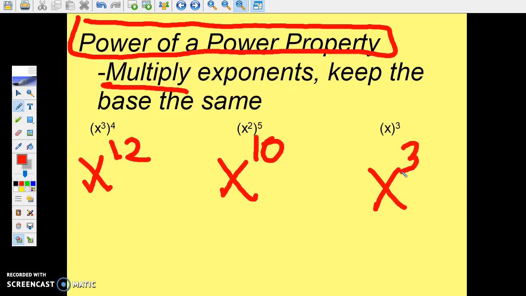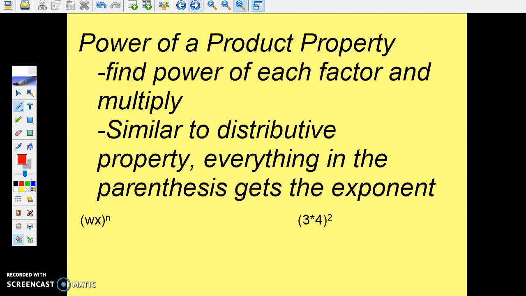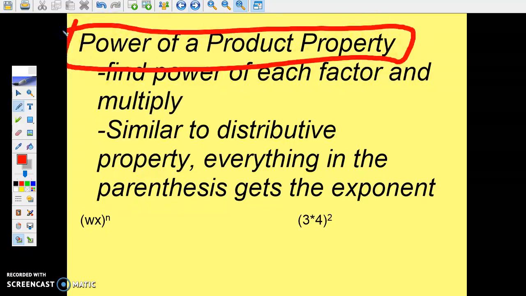You remove the parentheses. Now your third property is the power of a product property. What this tells us is that you're going to find the power of each factor and then you're going to multiply. What I think of it as is very similar to the distributive property, but you're just distributing that exponent to everything that you see inside the parentheses.